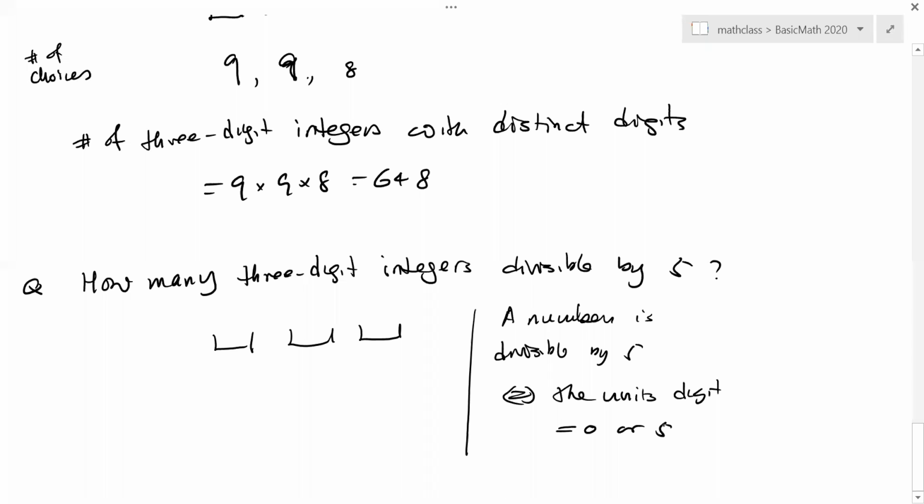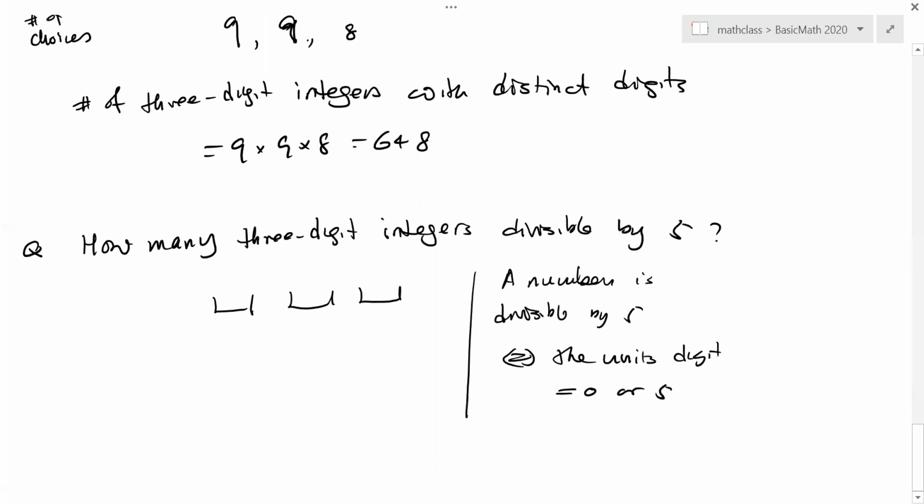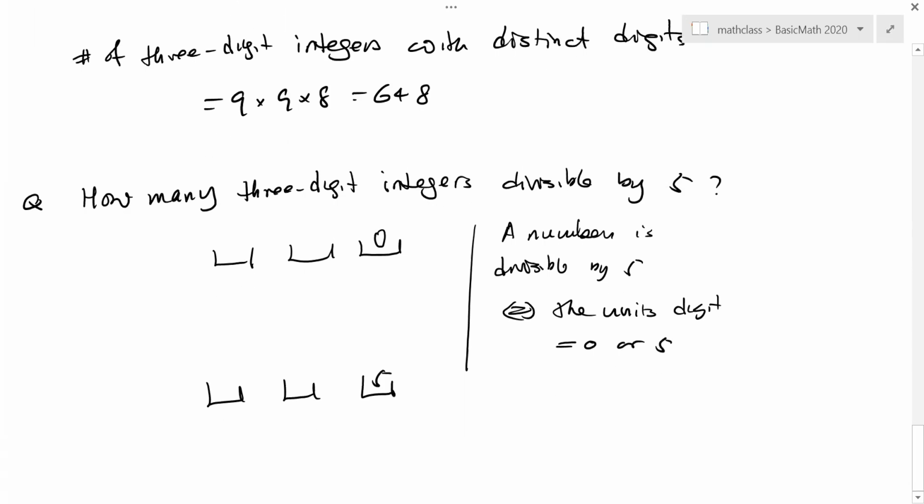So this time we have to divide them into two groups, either in the first group or the second group, then add them together. You count those 3-digit integers where the unit digit is 0, and you also count those where the unit digit is 5.